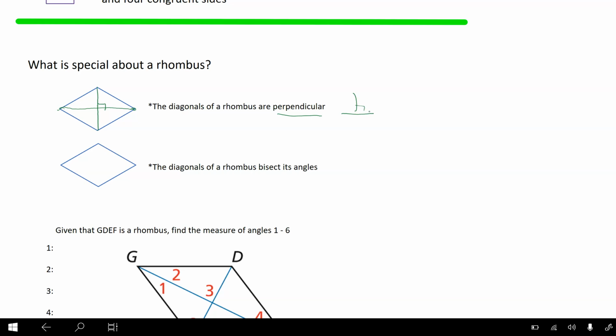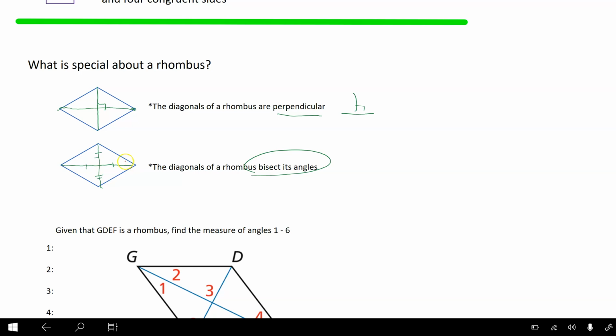The other thing is the diagonals of a rhombus bisect its angles. Now, we already knew that the diagonals of a rhombus bisect each other because it's a parallelogram. So we know that this is congruent to this, and we know that this piece is congruent to this piece. But this here is talking about the angles themselves.